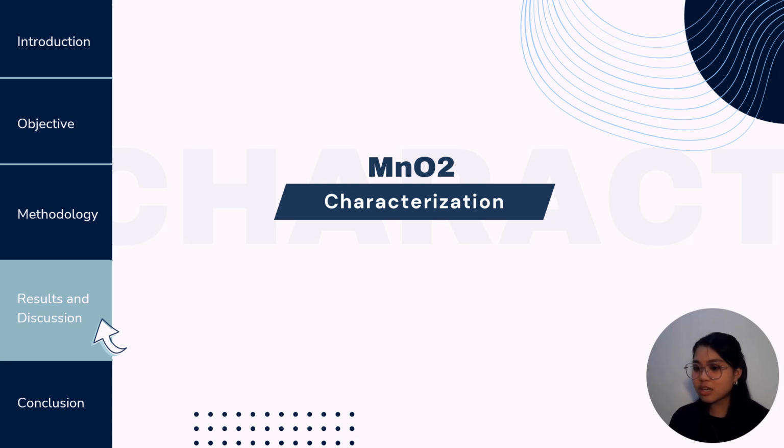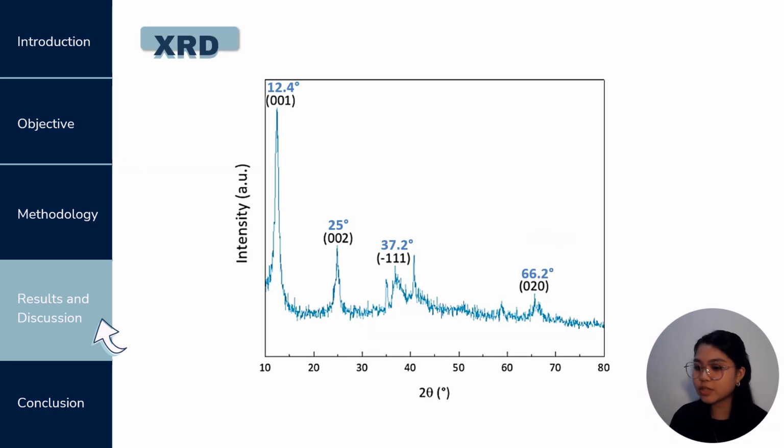So we divide it into two in a way that we can confirm the synthesis of the δ-MnO2, and the second part, which is the membrane, to confirm the successful coating of the MnO2 against the membrane, as well as the evaluation of its performance. So the first one is the XRD plot.